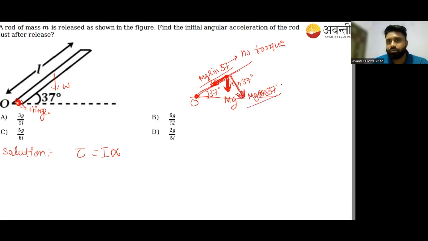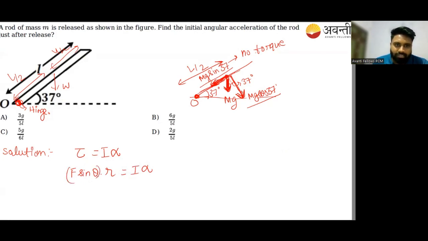So this mg cos 37 is responsible for the torque, and it is applied at the length L by 2, just half, because the center of mass is present at the half of this. So this is L by 2 and L by 2. So torque is nothing but F cross R, which is F R sin theta, and R sin theta is the perpendicular distance, or you can say F sin theta multiplied with the distance perpendicular to it, equals I times alpha.